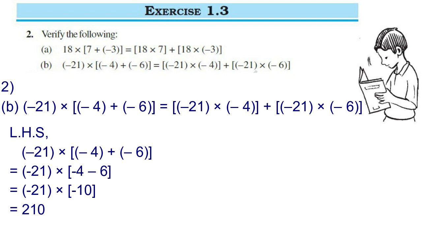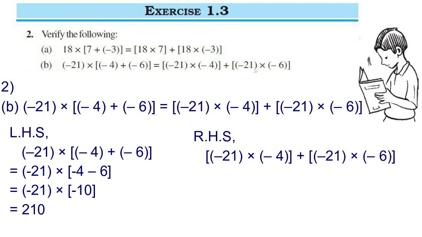Okay, go to the right hand side. The RHS equal to (minus 21 into minus 4) plus (minus 21 into minus 6). If we multiply minus 21 into minus 4, minus into minus equal to plus, and 21 into 4 equal to 84.